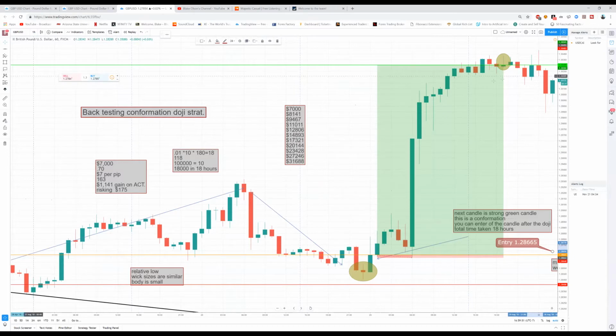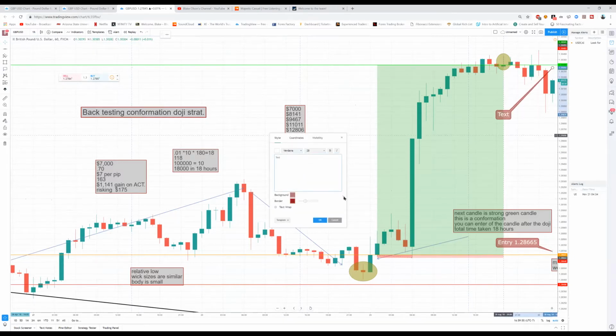Green is. Are these big enough? Can you see these? You can make them a little bigger if you want. Yeah, I can see that one. I can see the entry. Okay, perfect.